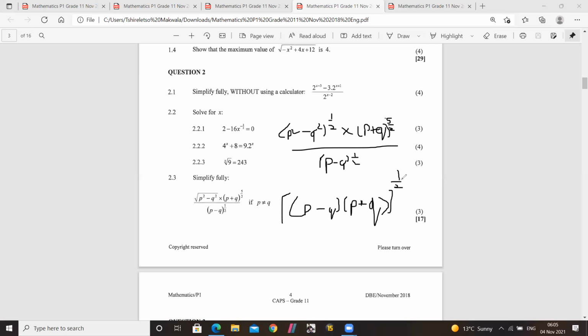Because it's to the power of a half, this half is going to apply to every bracket. So this is the same as this bracket to the power of a half multiplied by this bracket to the power of a half.